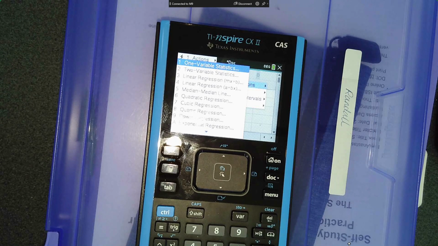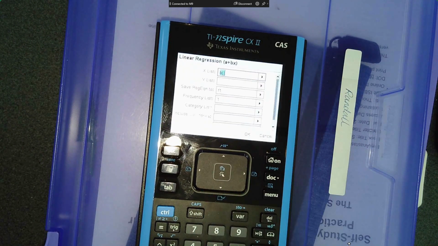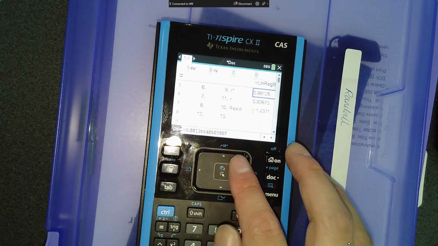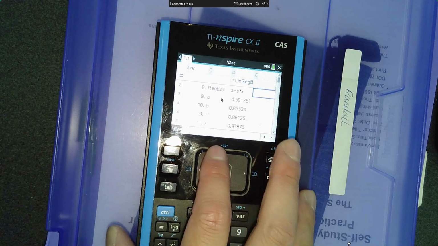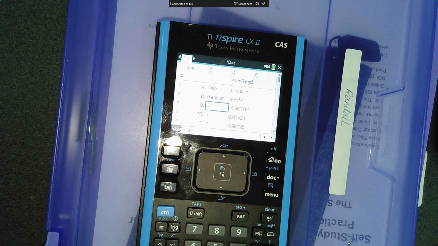Number 4, Linear Regression, a plus bx. Type in the names of your x and y variables. I named them EV and RV. Once you've done that, you get A and B.